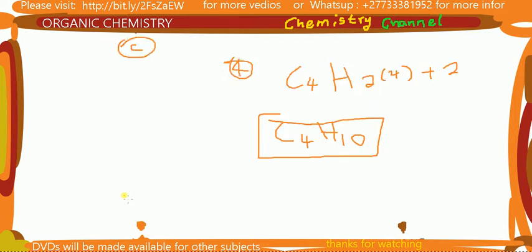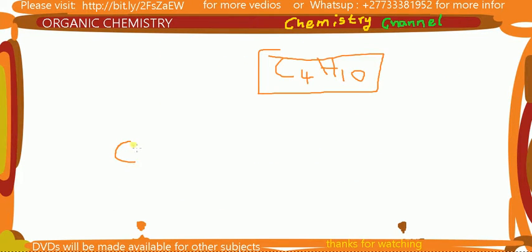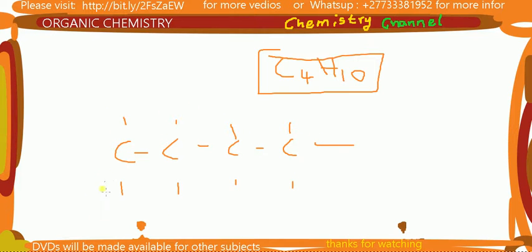And the next one is alkyne. This one has a triple bond. Here's the suffix, and here's the family group.